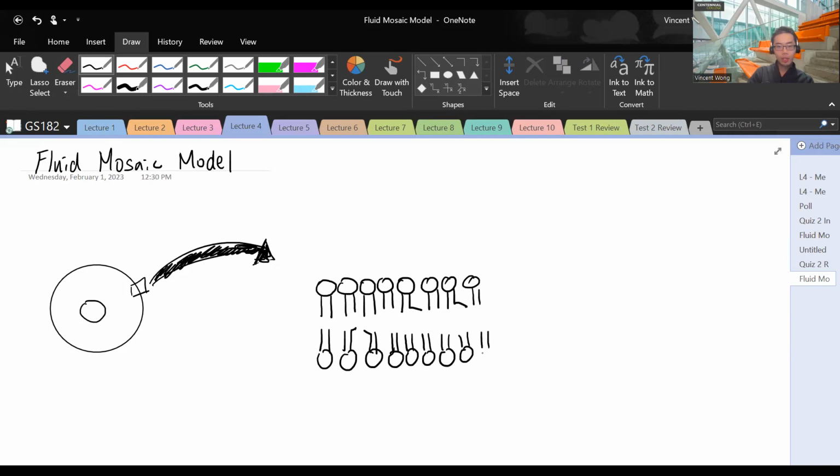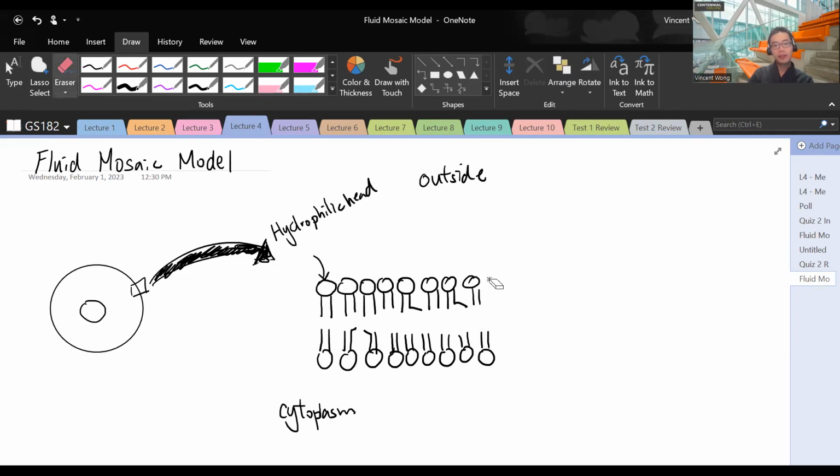You should probably draw along with me. So that's our hydrophilic head. And this would be the outside of the cell. Okay, outside. And this would be the inside of the cell, the cytoplasm.